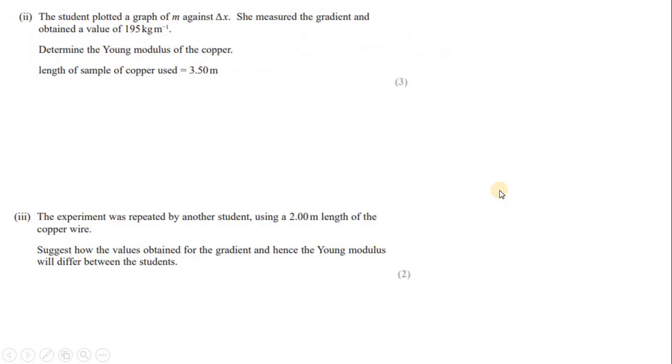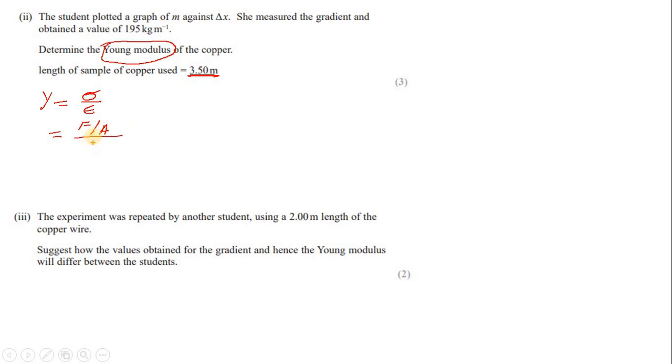The student plotted a graph of m against delta x. She measured the gradient and obtained a value of 195 kg per meter. Determine the Young modulus of the copper. The length of the sample of copper wire used is 3.5 meter. So we need to find the Young modulus, and as per definition, Young modulus Y is stress over strain. Stress is force per unit area.